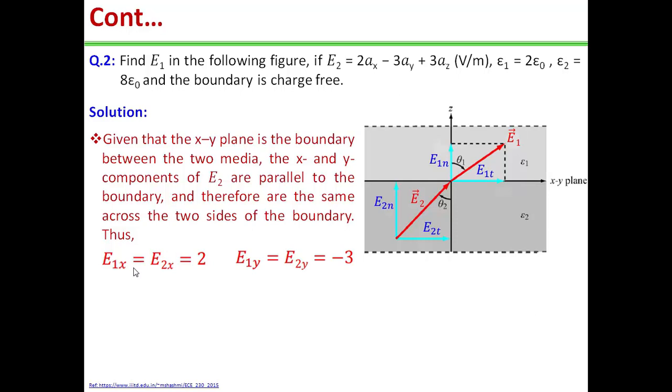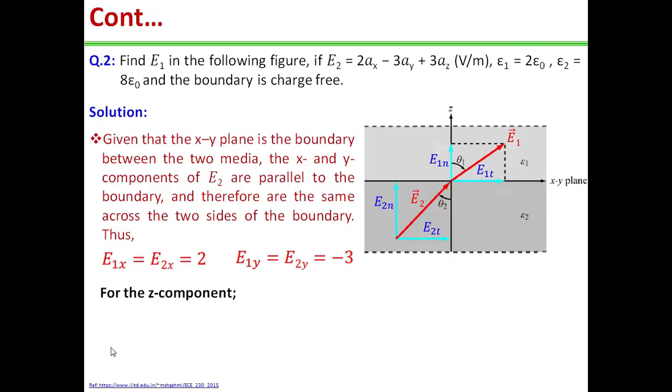That's why E1x will be equal to E2x, and E2x is given in the question as 2, whereas E1y will be equal to E2y, and this is equal to minus 3 as given in the question.